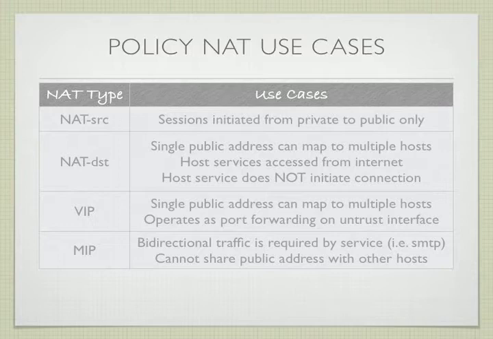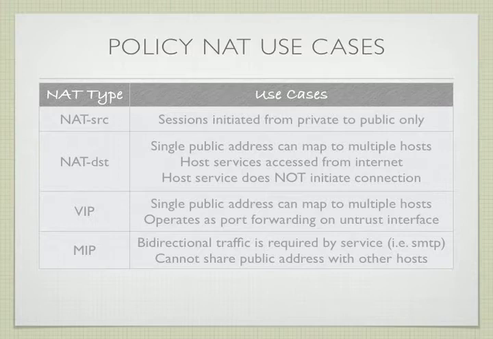Now you can configure NAT source and NAT destination into a policy so that SMTP or any other service can always be sourced from the same address. So you can achieve the same thing as MIP, but MIP allows you to do this in a single step, but it does require that the IP be dedicated to the server.